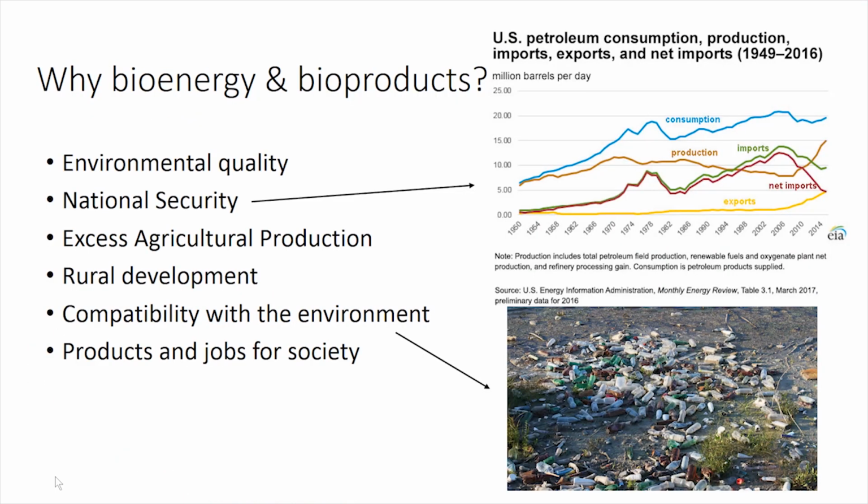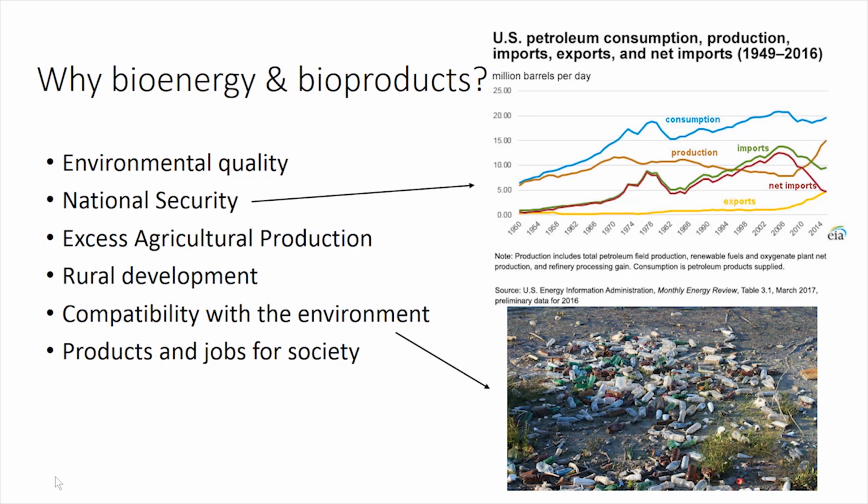The other thing we talked about in the class was why bioenergy and bioproducts. What are some of the driving forces? Well, the first one we talked about was the circular bioeconomy and environmental quality we can improve.